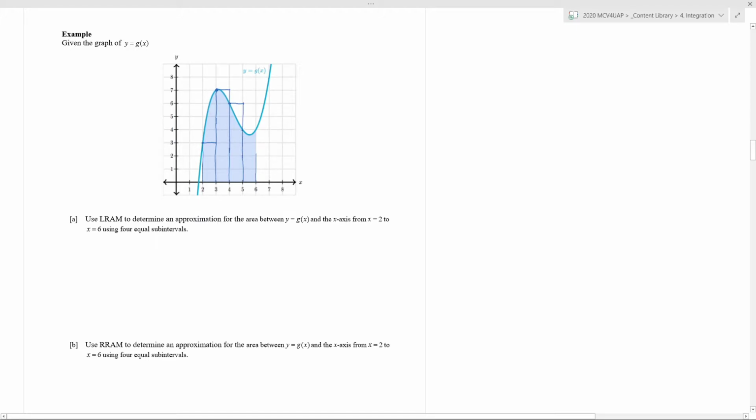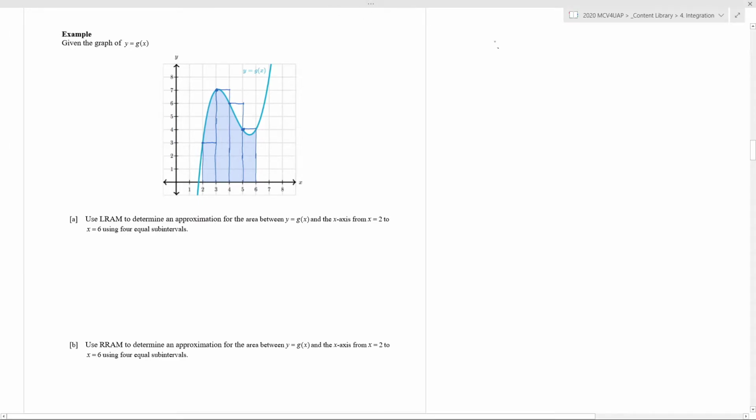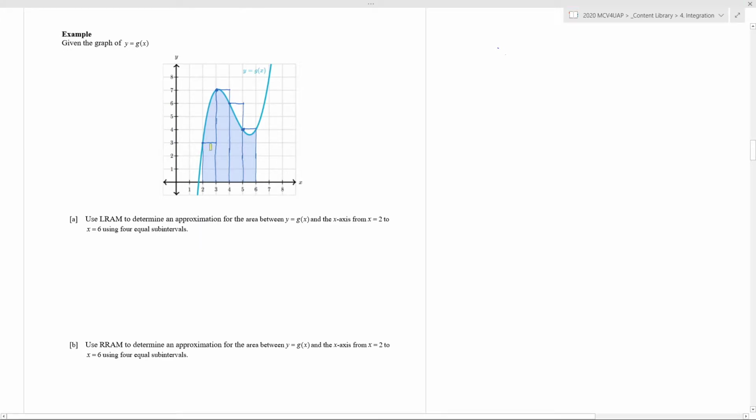And the fourth rectangle would look something like that. Okay, and now the area, the approximation, I'll shade in highlighted yellow here, is this.